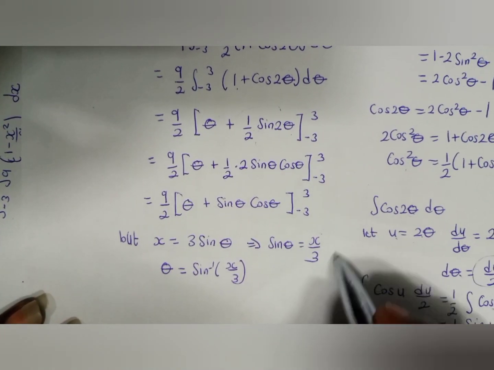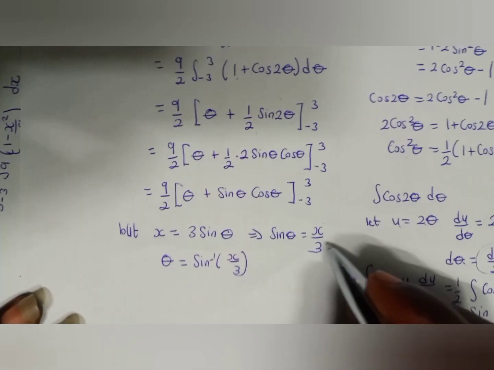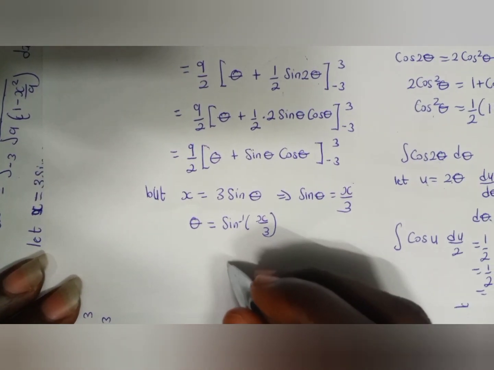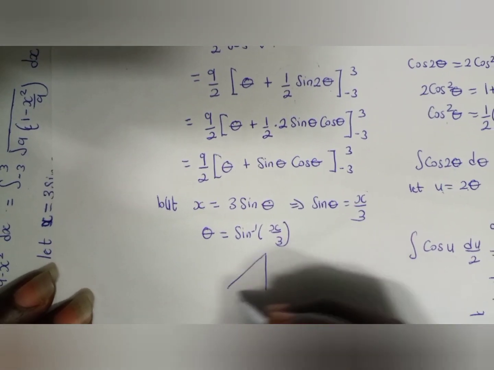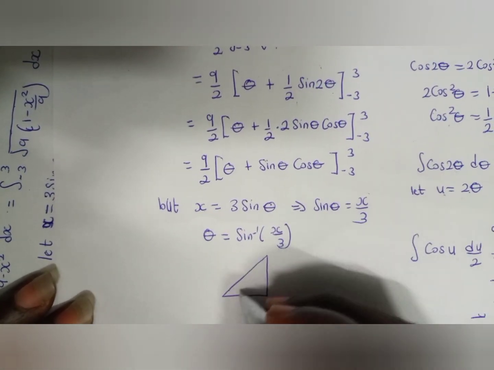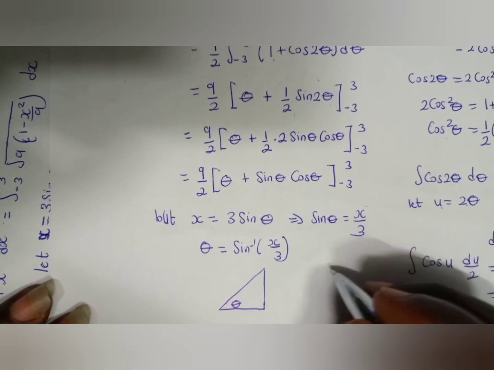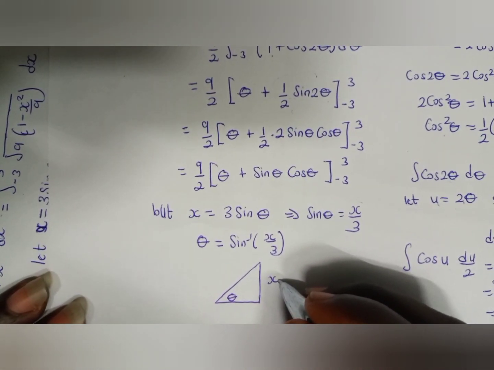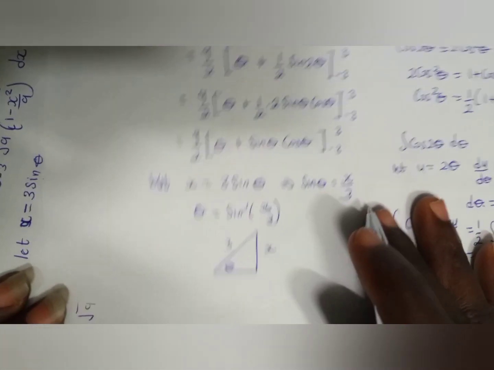So from this, we can use the Pythagoras theorem to get the other side. Let's say we have our theta here. Using SOHCAHTOA, the opposite is x and the hypotenuse is 3.